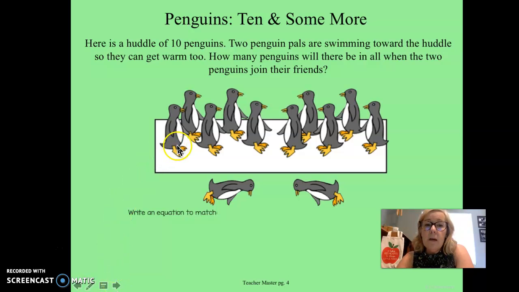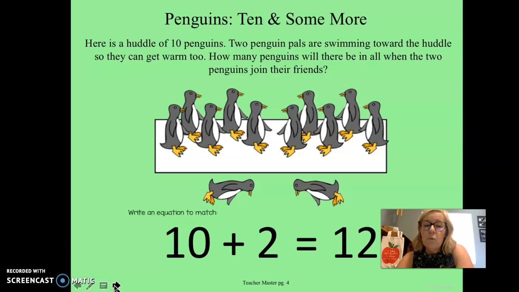How many are in the huddle? 1, 2, 3, 4, 5, 6, 7, 8, 9, 10, plus 2 equals 12. 10 plus 2 equals 12.